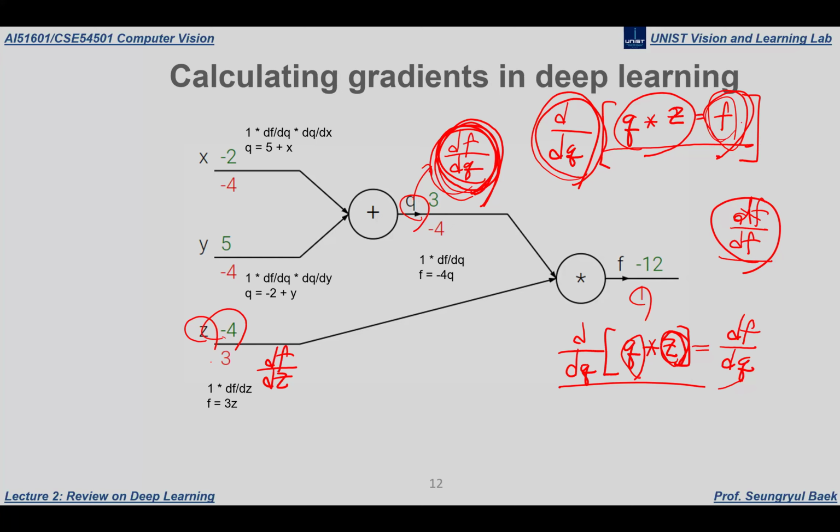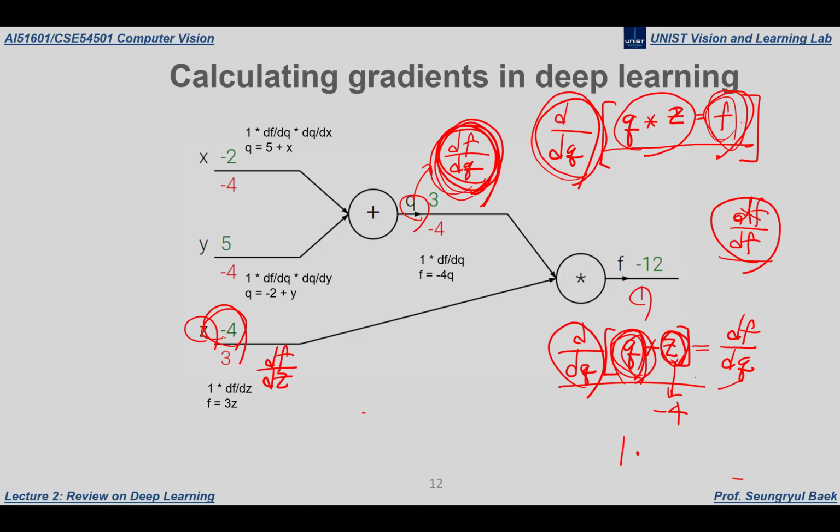Seen from q, z is constant, and its value is -4. Initially z was -4, and when differentiating q, we regard that as the variable. So when we apply d/dq to -4q, this becomes just 1.